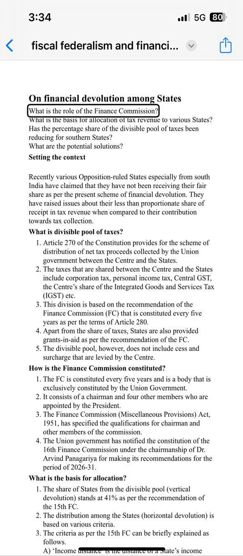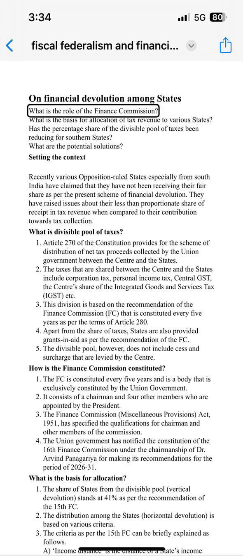Now, dear students, with these criteria on which the tax revenue of the center should be shared between the central government and the state governments, right?